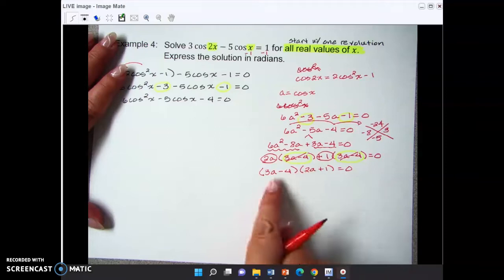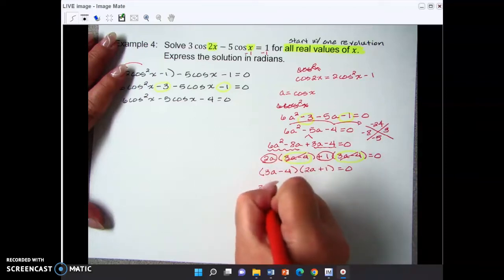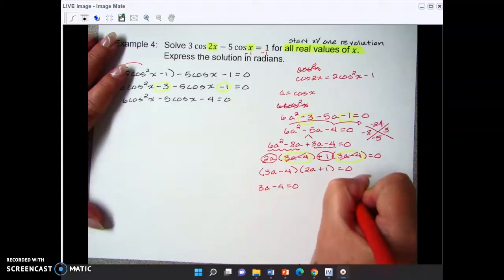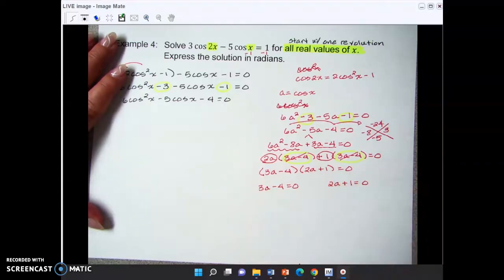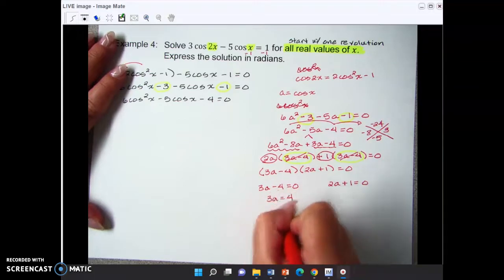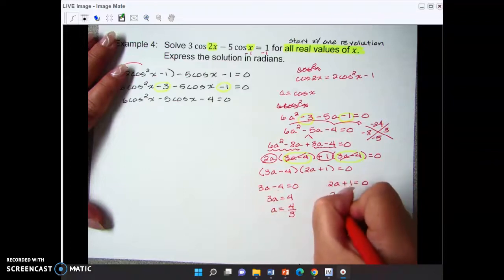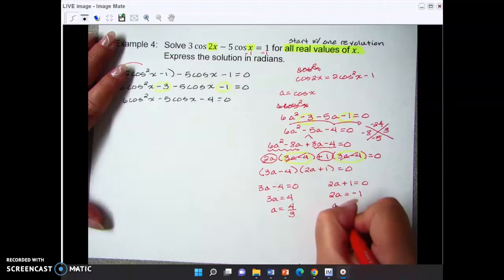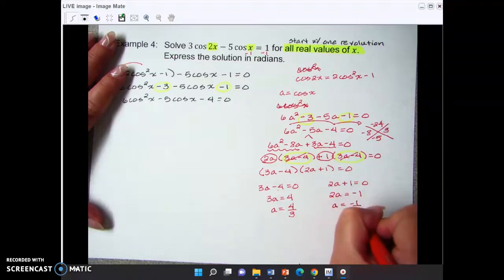And so I can split these up and say that 3a minus 4 is equal to 0, and that 2a plus 1 is equal to 0. So here, if I add 4, we get 3a is equal to 4, making a equal to 4/3. And here we get 2a equal to negative 1, making a equal to negative 1/2.